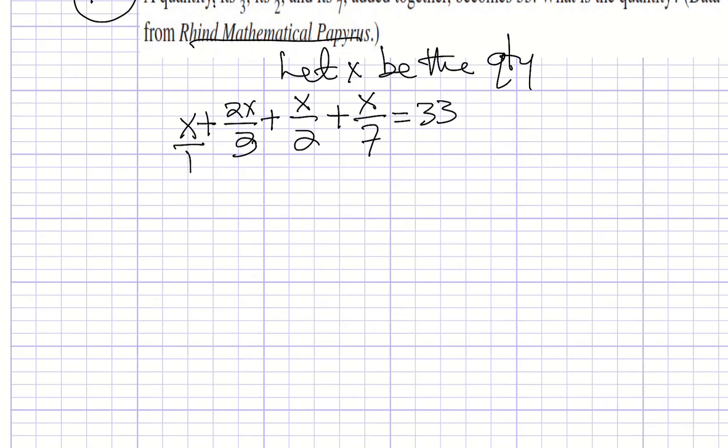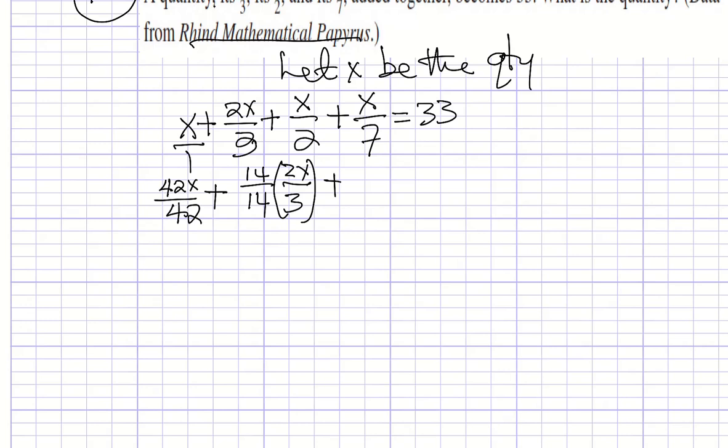So here we do 42x over 42, okay, see the trick there? And then here we do, you gotta be careful. There we do 14 over 14, 2x over 3, like that.